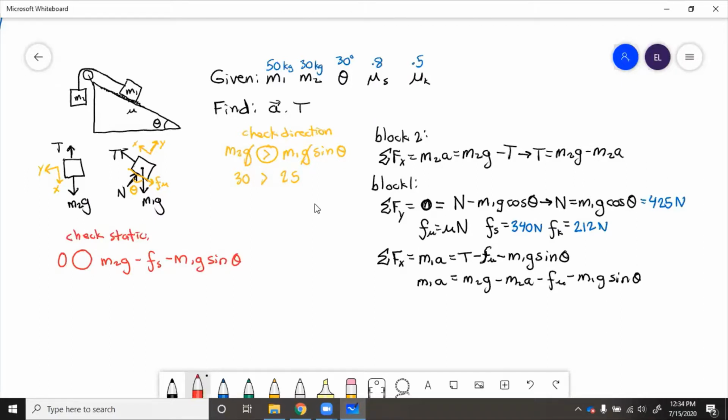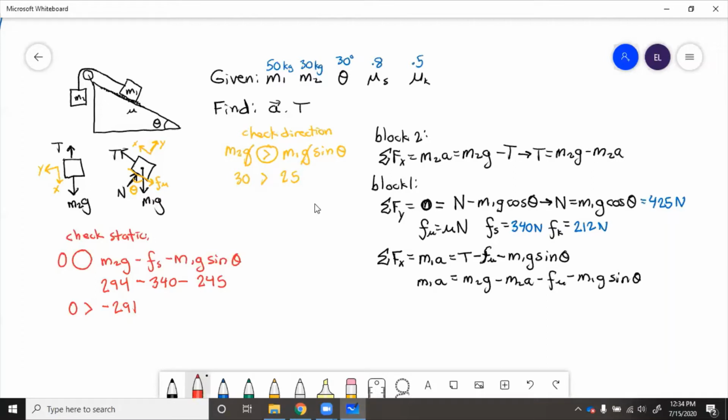So here we have 294 minus 340 minus 245, which equals negative 291, which is less than 0.